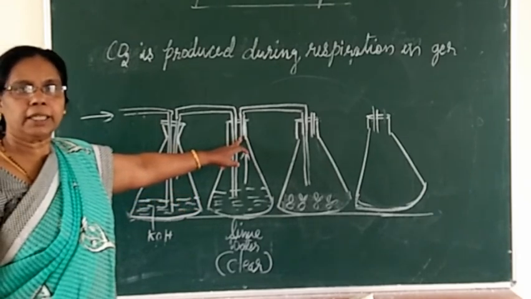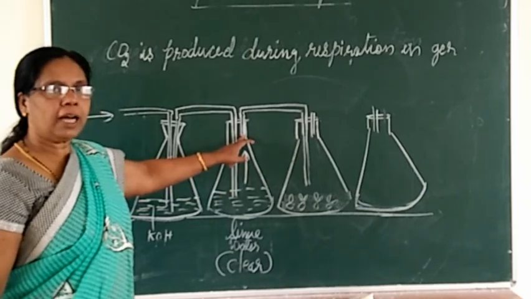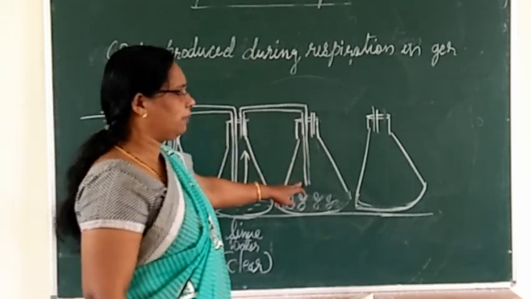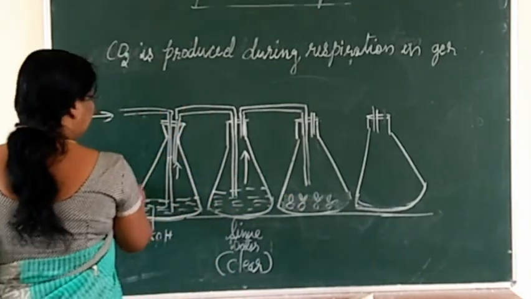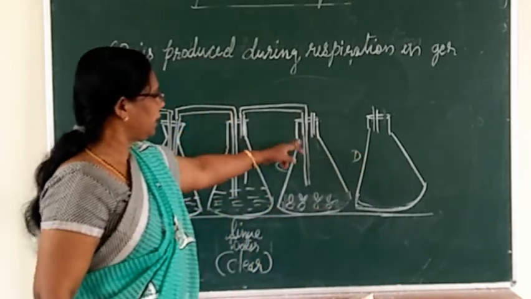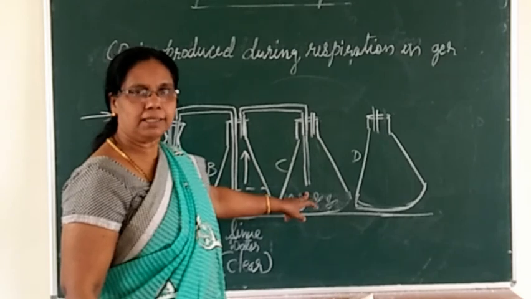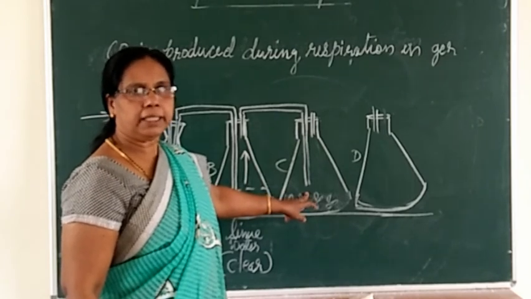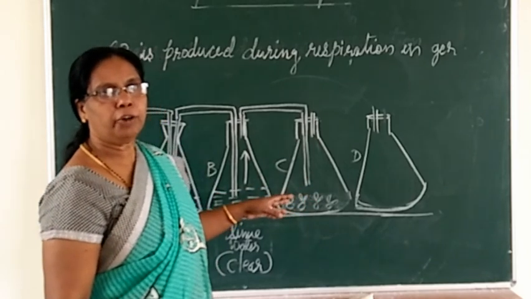No, it does not contain carbon dioxide. So the air free from carbon dioxide goes into which one? The third one. This is the first, A, this is B, this is C, and this is D. So when the air reaches the conical flask C, carbon dioxide is totally absent there.